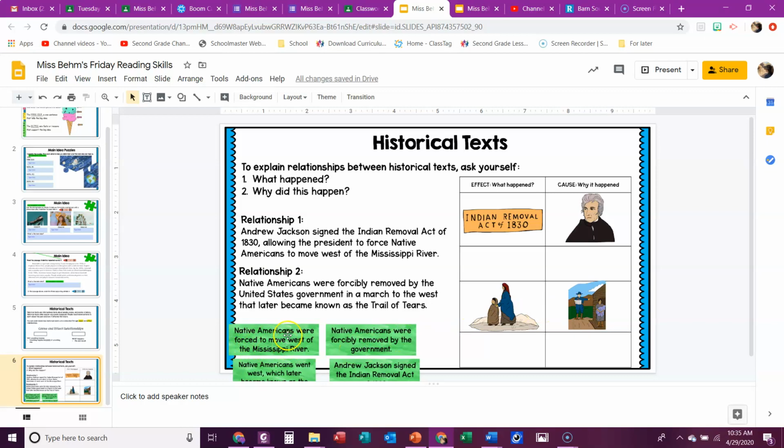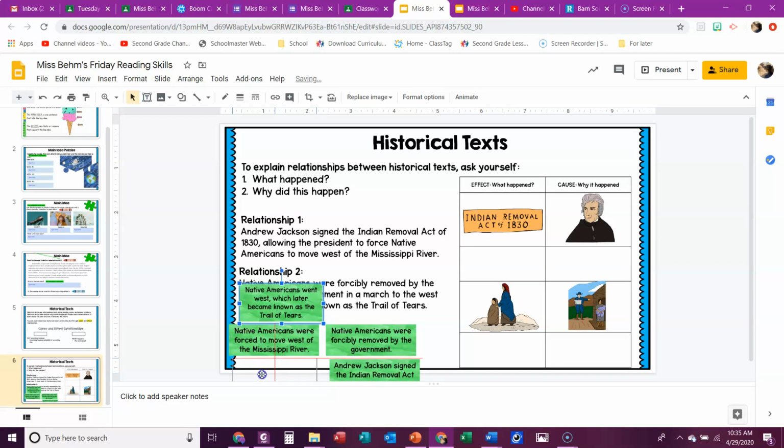So you're going to use these to help you fill in the rest of it, okay? So this one says Andrew Jackson signed the Indian Removal Act. Where is that going to go? Native Americans went west, which later, I can't read the rest of it, became known as the Trail of Tears. Which one of these four blank spots are these all going to go, okay?